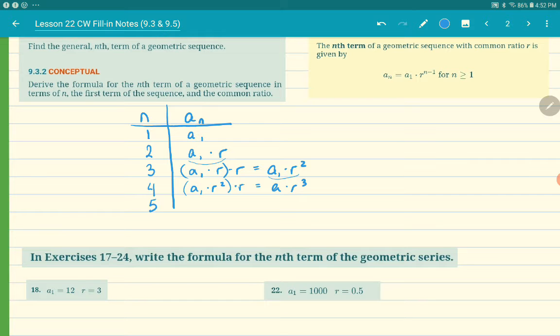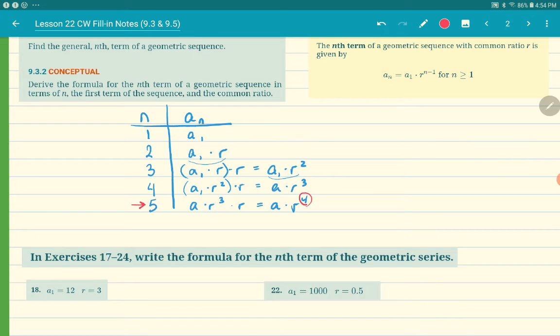So following that pattern, I take the term above and multiply by r, and I'm just adding 1 to the exponent for r each time. So notice the pattern here. The exponent of my ratio is always 1 less than the n, the term it is. So I can rewrite that formula.